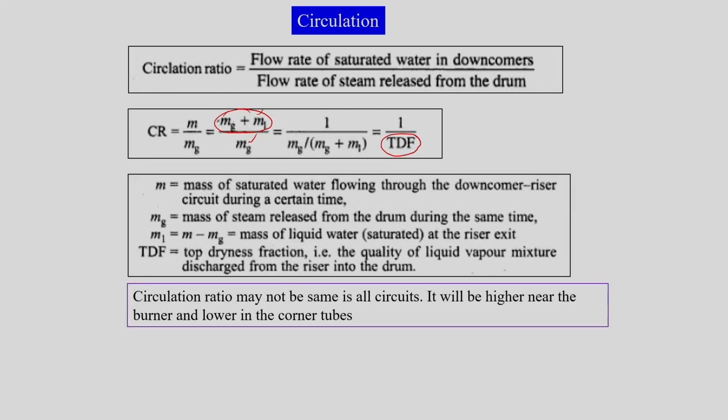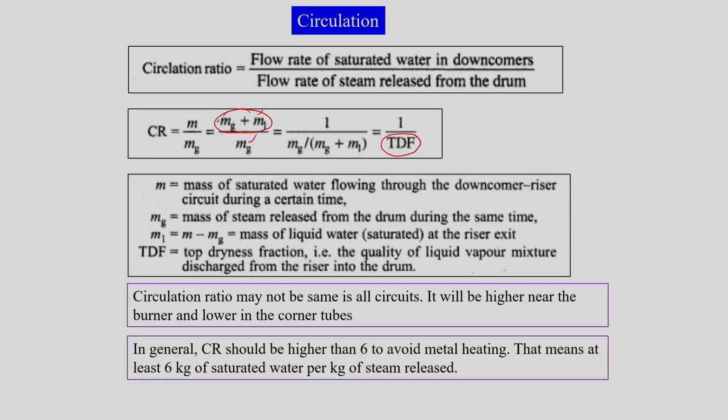Essentially, this circulation ratio may not be the same in all the loops. Loops or tubes which are near the burner would encounter a higher circulation ratio, but the tubes which are away from the burner would face a lower circulation ratio.